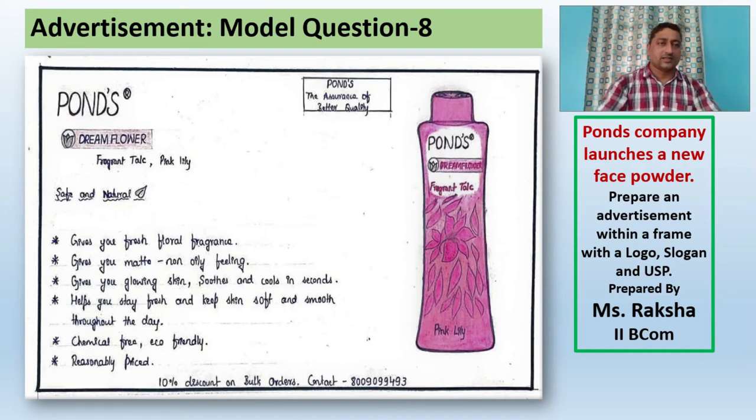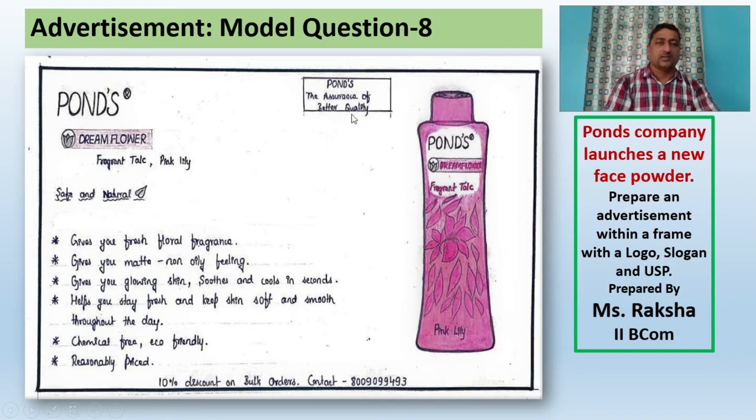See, the title of the company is there as Ponds, and you can see some kind of TM trademark or R mentioned here in a circle. It's almost an imitation of the exact Ponds company's registered mark. You can also see an image drawn like the product's image. And there is a slogan, a popular slogan that you can use for any product as the assurance of better quality, that is used here.